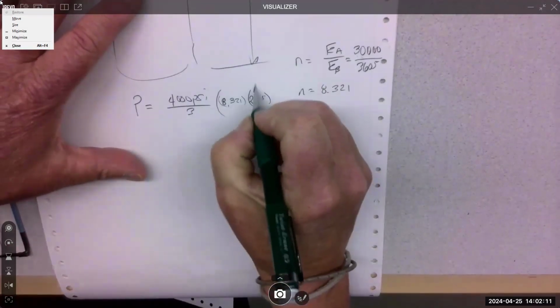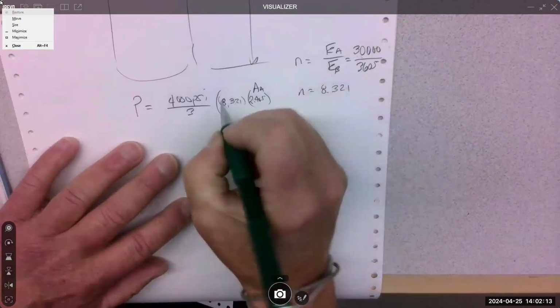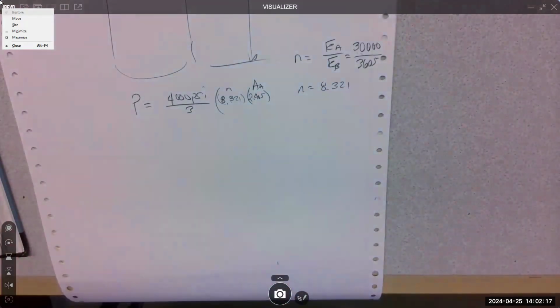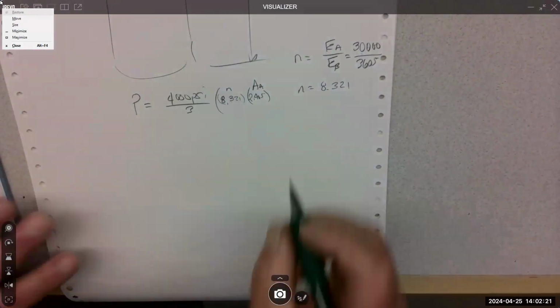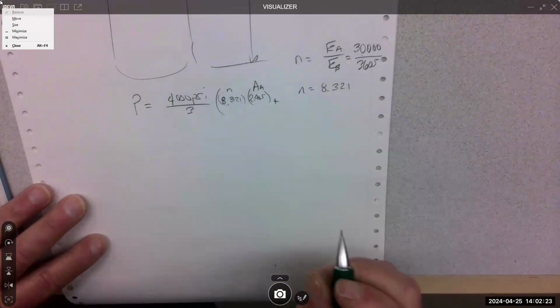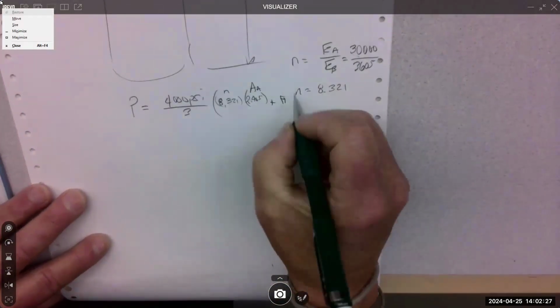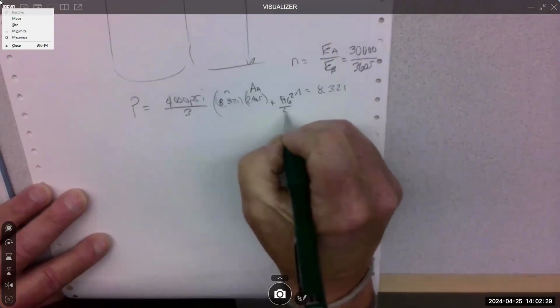So that's area A. This is the modular ratio N. And we're going to add to it area B, which is pi 6 squared over 4.